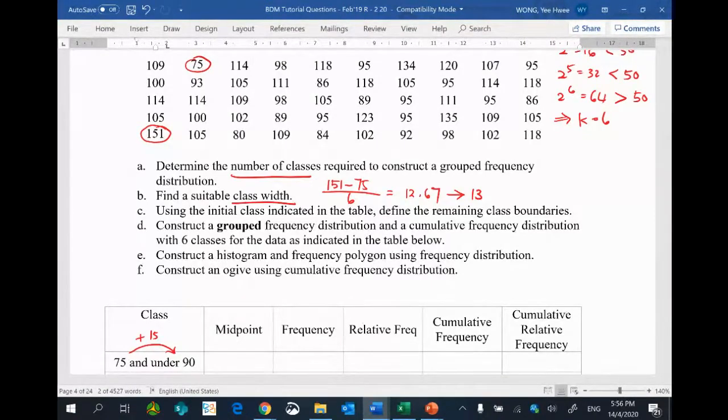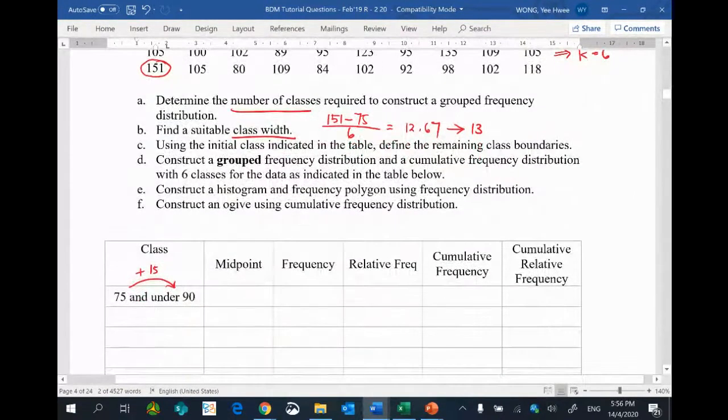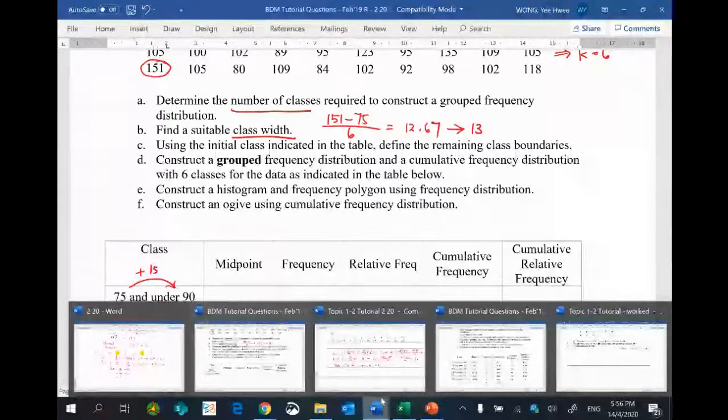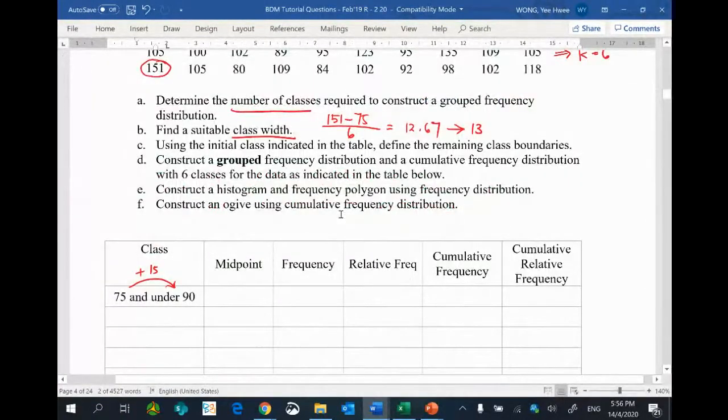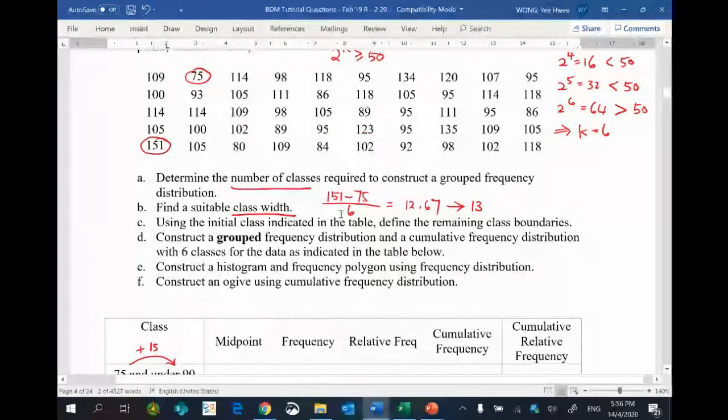Since you are given already, we're going to start out with 17 to 90. Clear about this? This is how you find the value K and the class width.